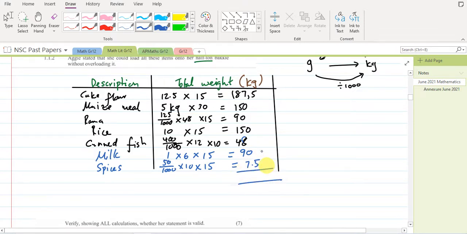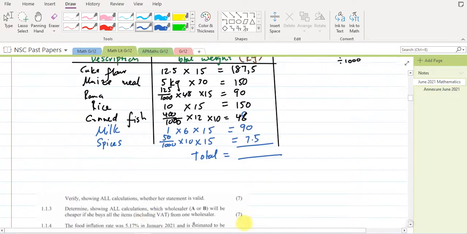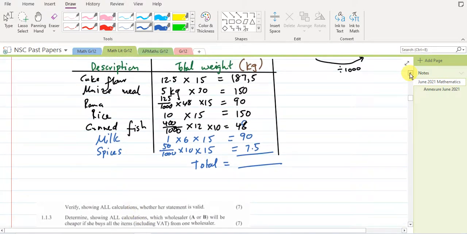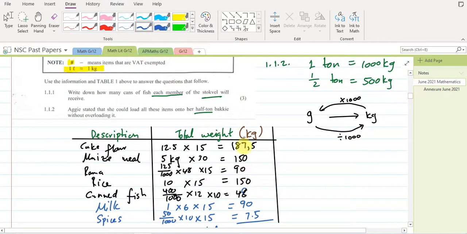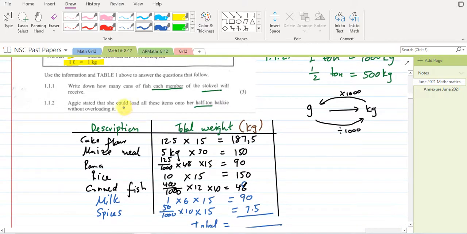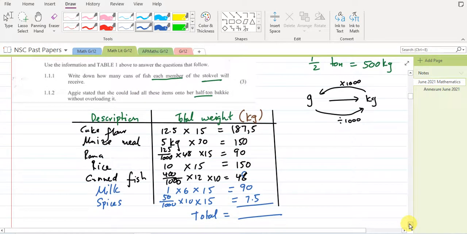Now we need to total all this and see if it can fit in the bucket, if it is less than 500 kg, whether all of this can be loaded into a half-ton bucket.